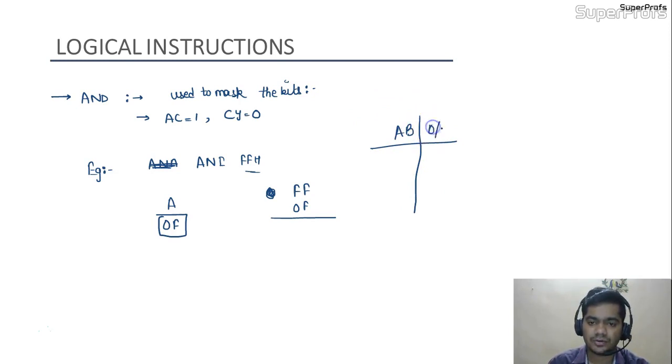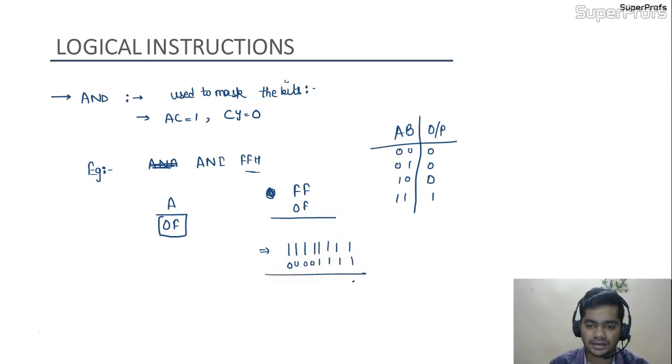If you represent all the bits in binary equivalent, it would be 1 1 1 1 1 1 1 1. Similarly 0 0 0 0 1 1 1 1. So the AND would be 0 0 0 0 1 1 1 1. So the final result would be 0FH.